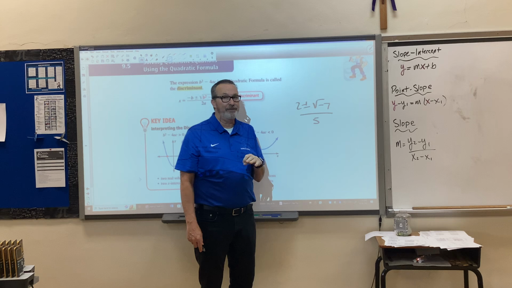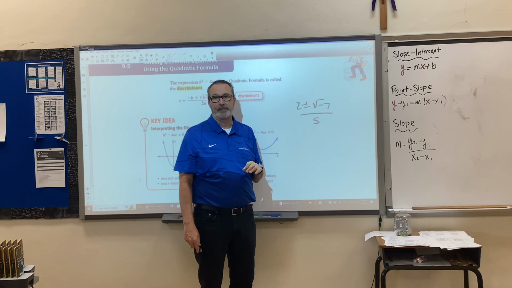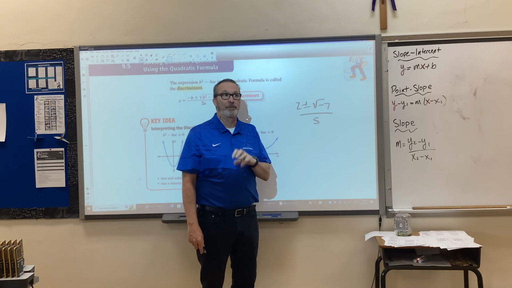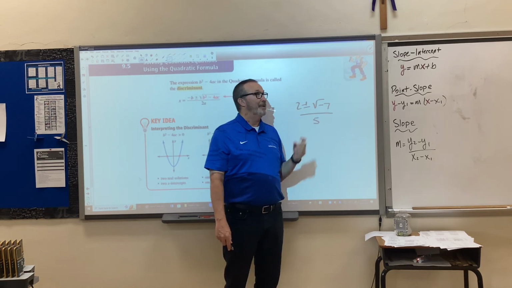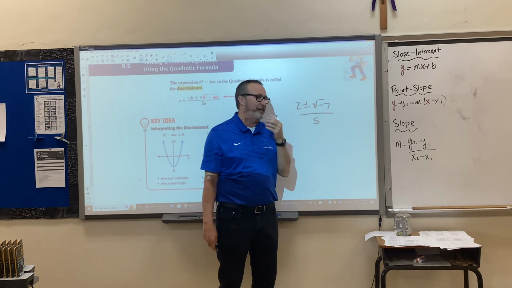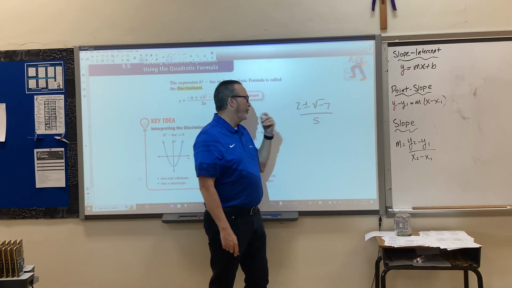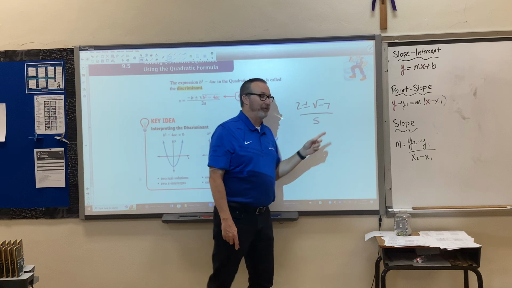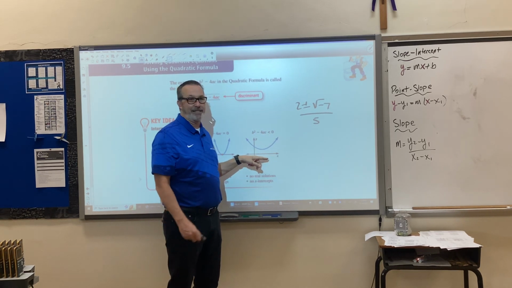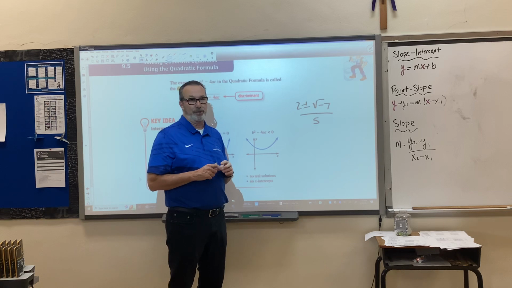What's the square root of negative 16? There aren't any numbers that you can multiply by itself to get a negative, because any number multiplied by itself is always positive unless it's 0 times 0 and then it's 0. So if you get a negative discriminant, that means the quadratic does not even cross the x-axis. That means there are 0 solutions.